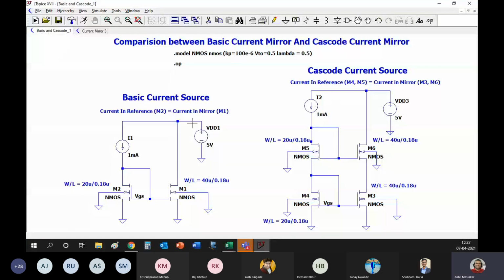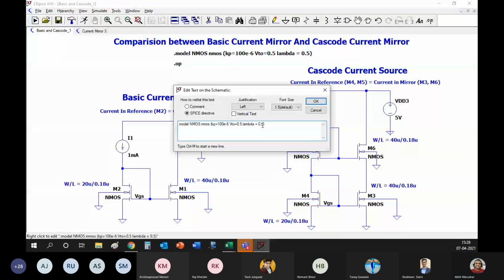So this is our circuit number 2, and this we have to see for different values of lambda. Let's start with 0.05.